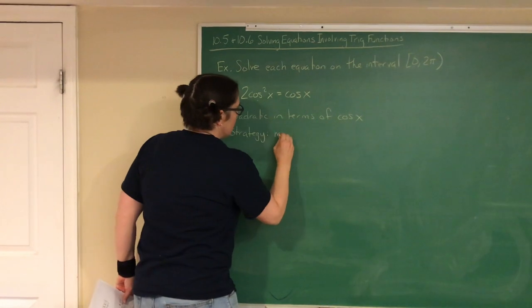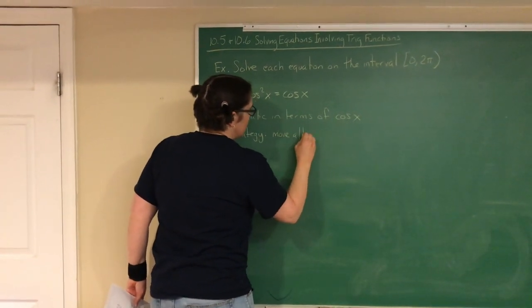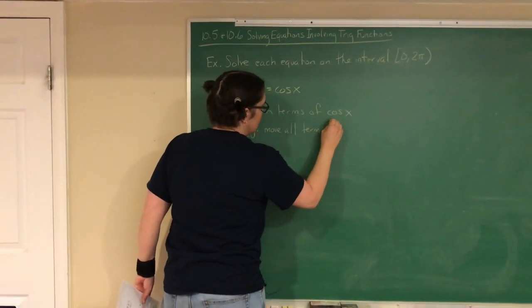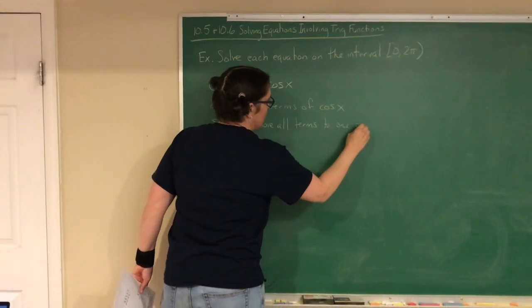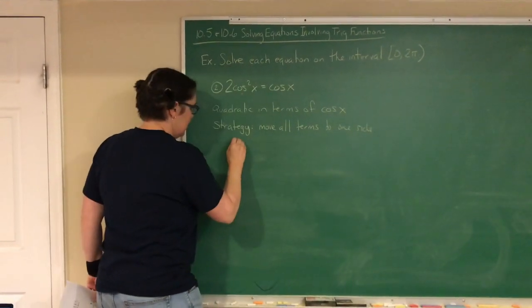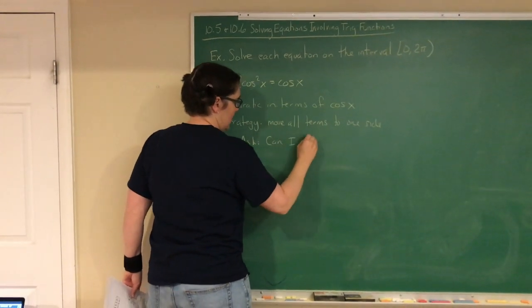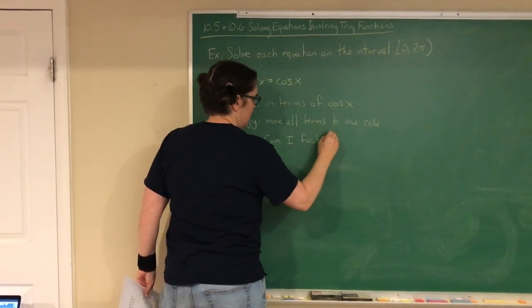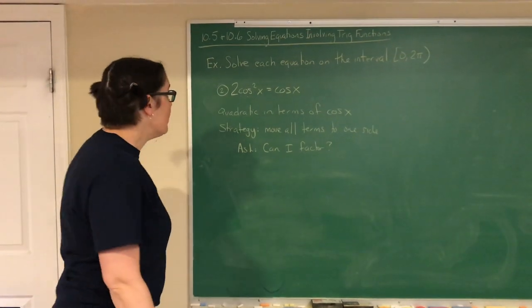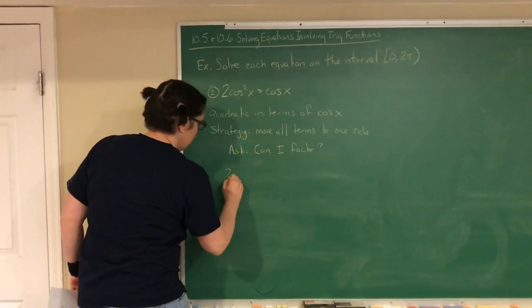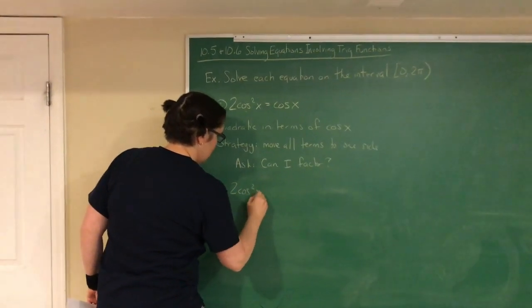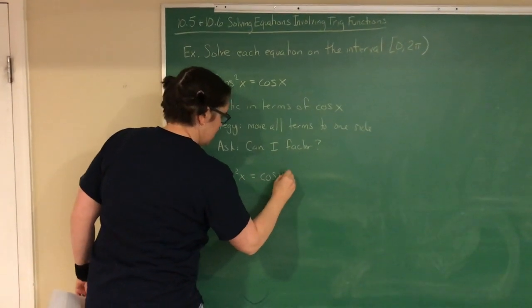So our strategy is to move all terms to one side, and then ask the question, can I factor?